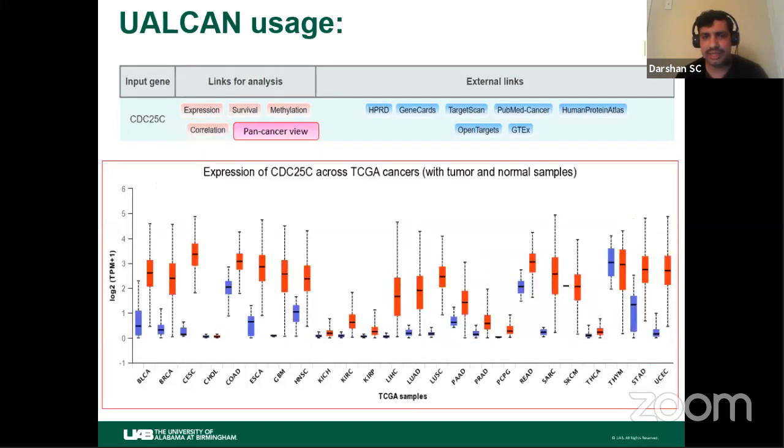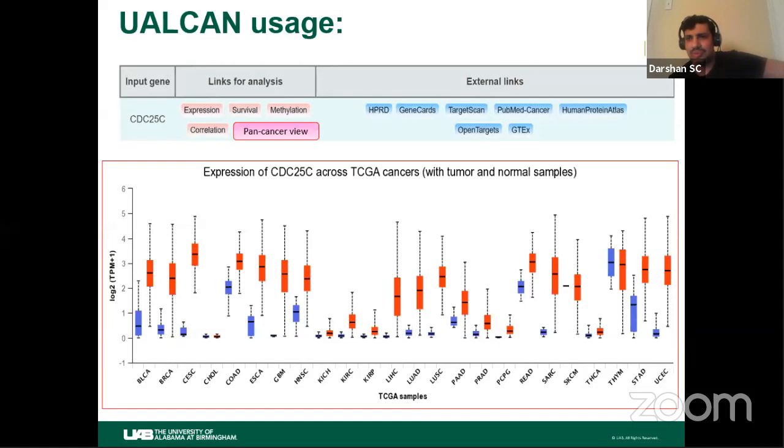The final analysis view is the pan cancer view. This is a favorite of most cancer researchers because they get to see exactly how the gene behaves across all the cancers. Each cancer here is marked with a 3-letter or 4-letter code.